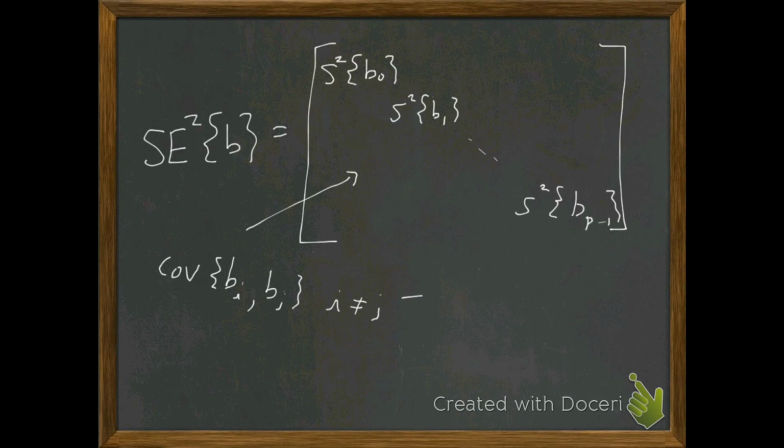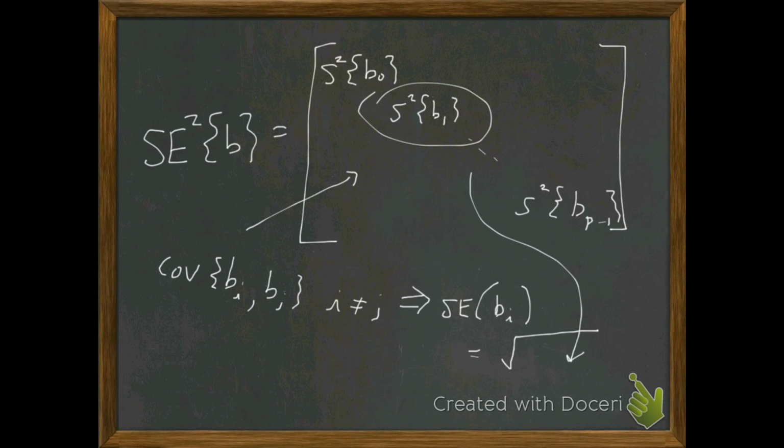So from here, the standard error of b sub i will be the square root of whichever one on the diagonal we need. Don't forget to take that square root, boys and girls.